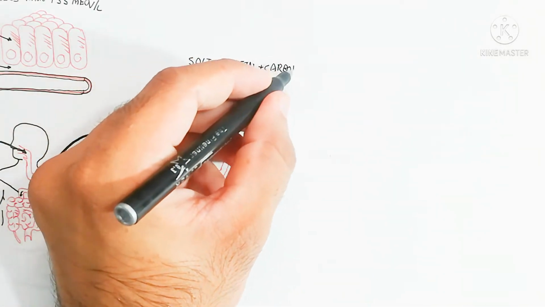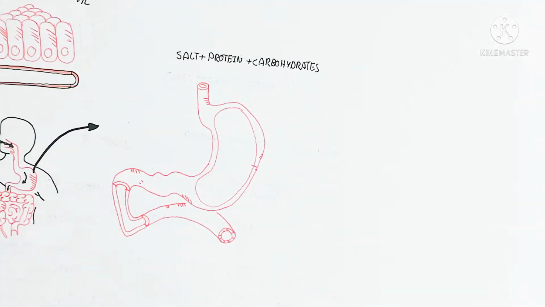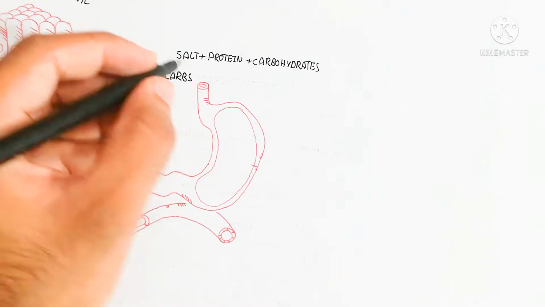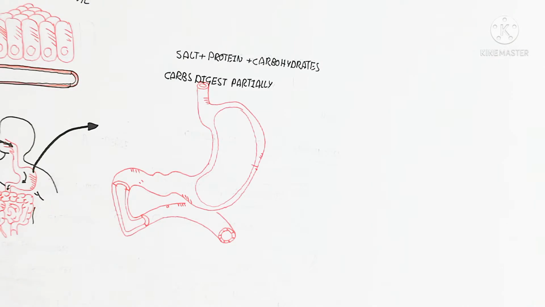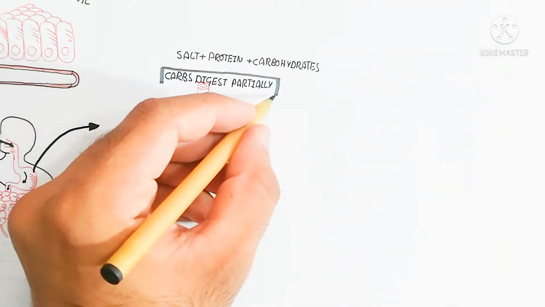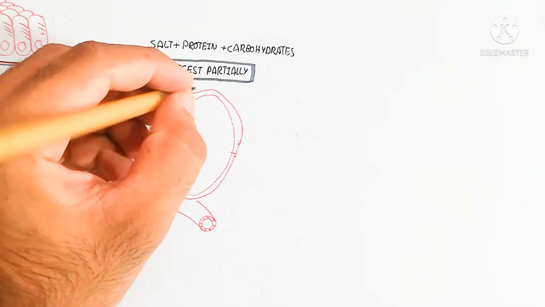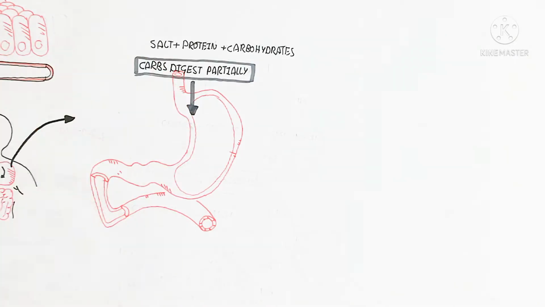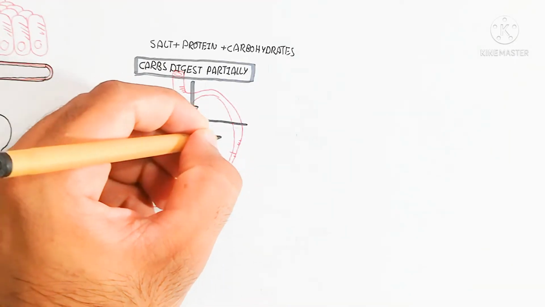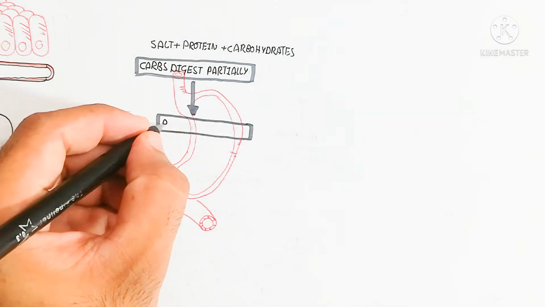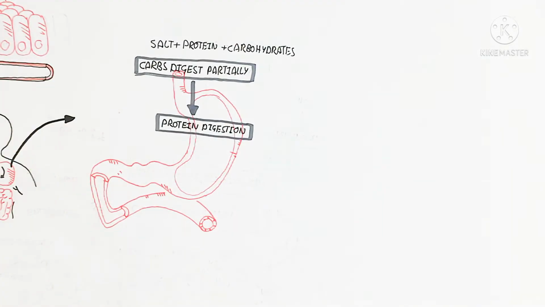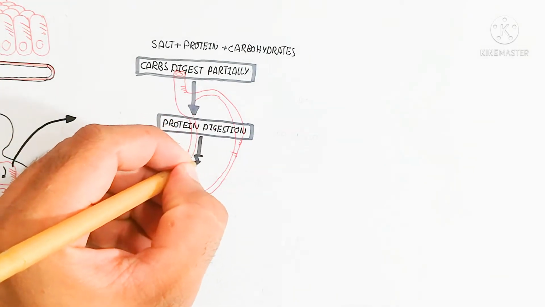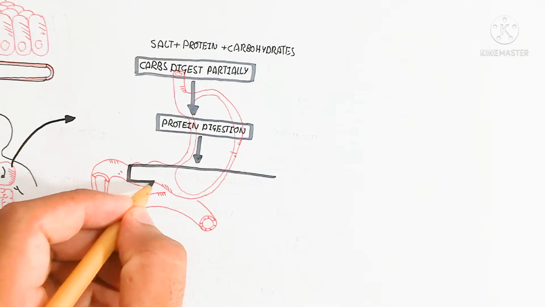When we eat salt-containing protein and carbohydrates, the carbs are partially digested in the oral cavity by the salivary gland, which produces amylase and other hydrolytic enzymes. Protein is not digested in the oral cavity, so it moves into the stomach and is digested there.